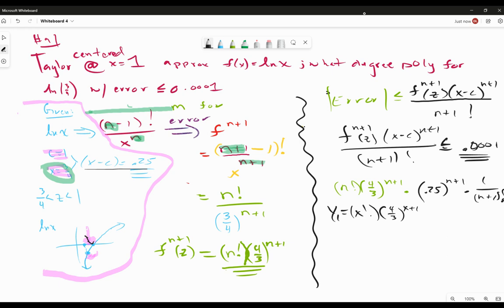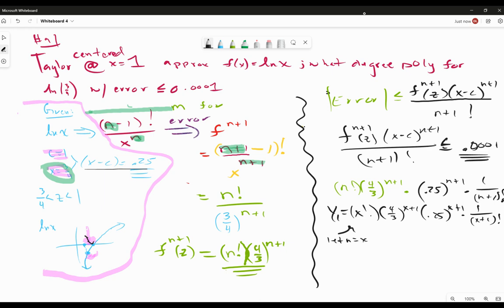I'll write that here: let n equal x, just for the sake of calculators. Then we're going to do 0.25 to the x plus 1, and then 1 over x plus 1 factorial.